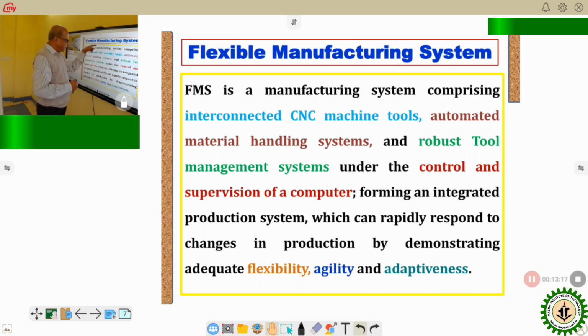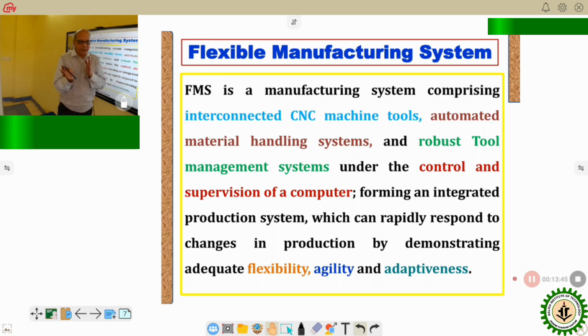And all these 3 different modules should be such that their activity should be appropriately coordinated by a supervisory computer. So that forming an integrated production system which can rapidly respond to changes in production by demonstrating adequate flexibility, agility and adaptiveness. Because this system is utilized to address the mass customization need.